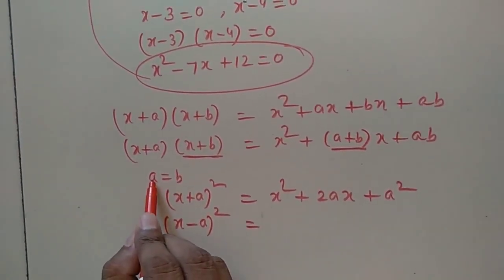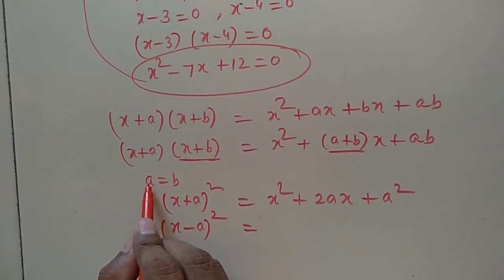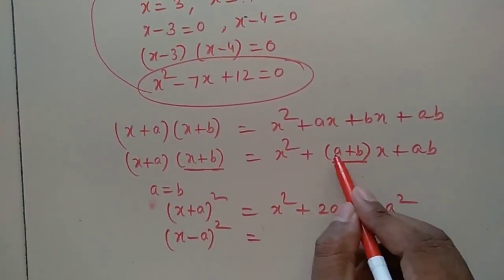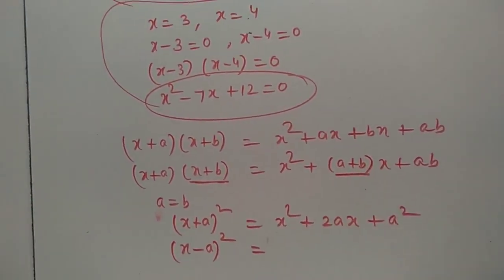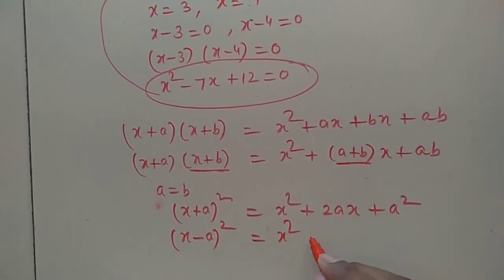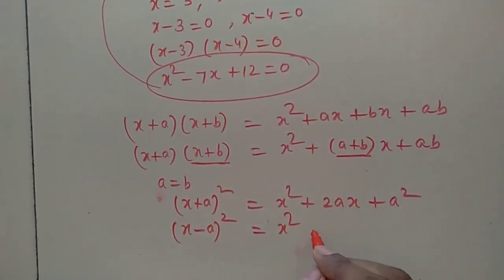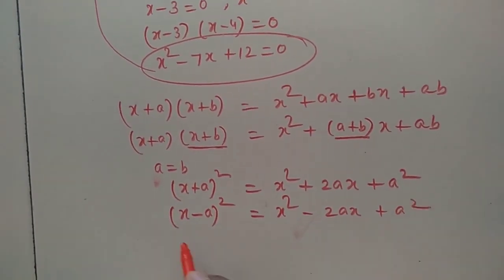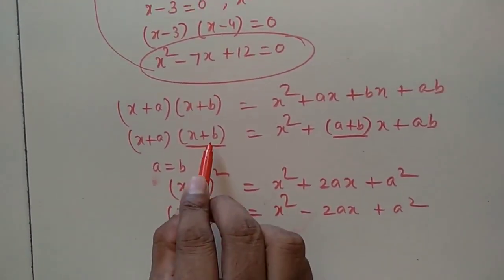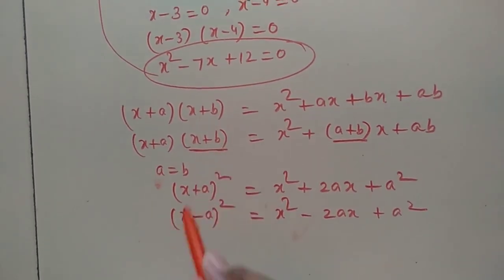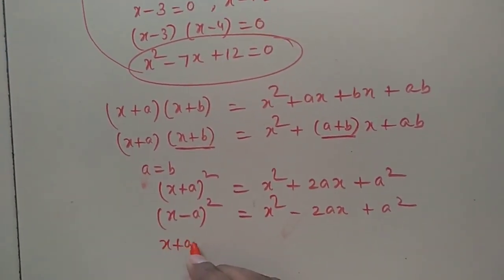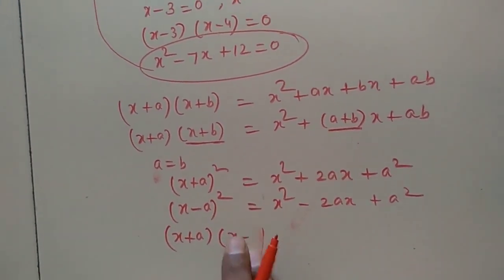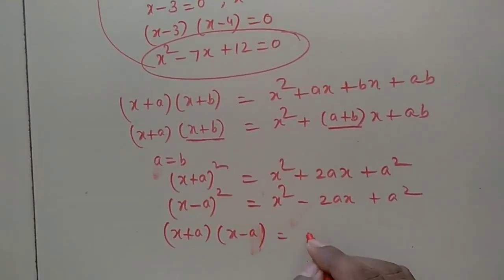Now if I take a to be replaced by minus a, what will happen? This becomes x square minus 2ax plus a square, because the square of a negative number is always positive, or a negative number raised to an even power is positive.